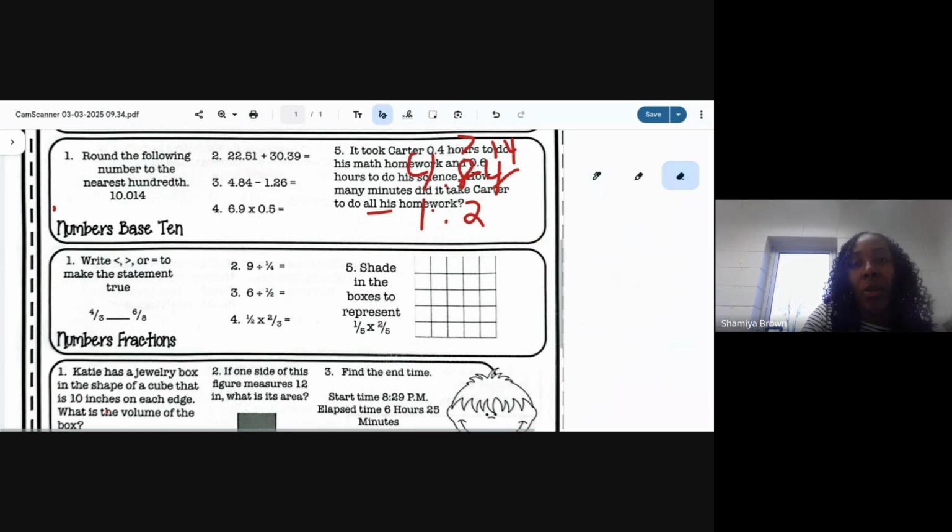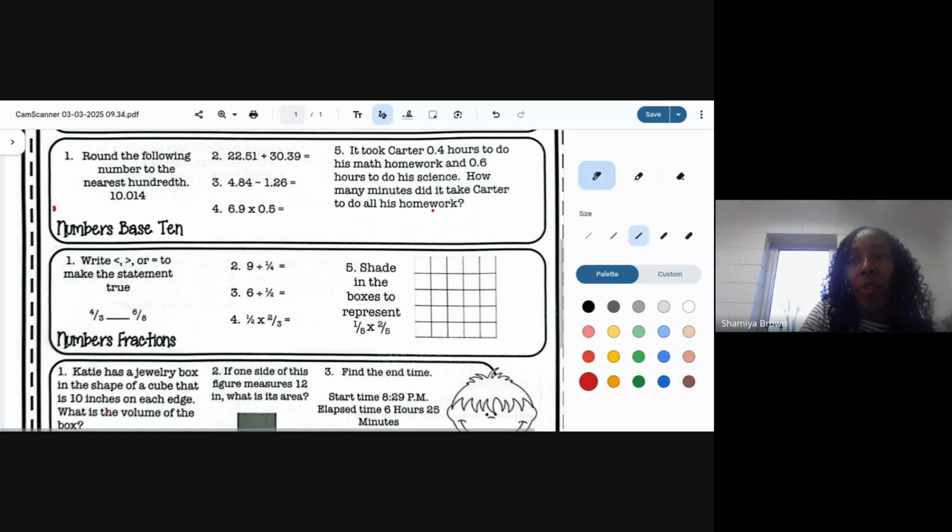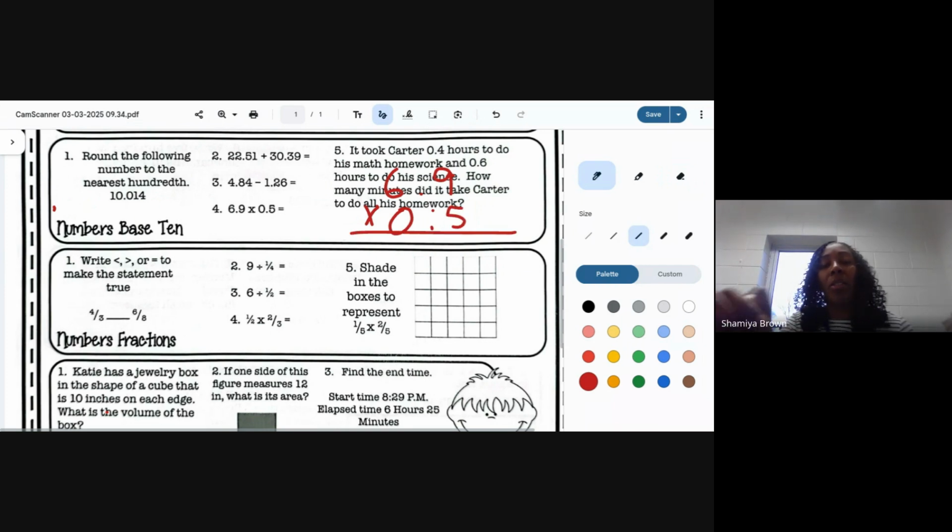The next one is multiplication with decimals. Doesn't matter which one I put on top, they both have the same amount of digits. So I'm going to put the first one, 6.9 times 0.5. But this one I won't put my decimal in the answer yet because I need to wait until I finish. When we multiply decimals, just wait until the end to worry about the decimal.